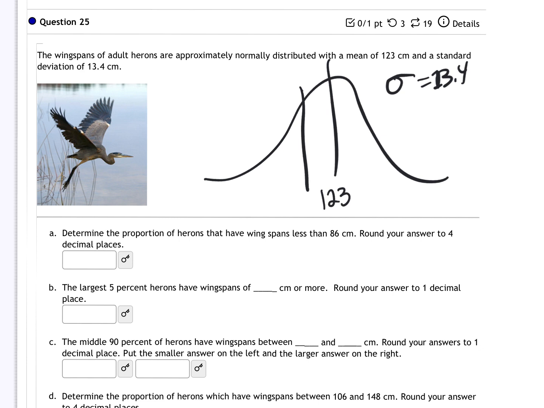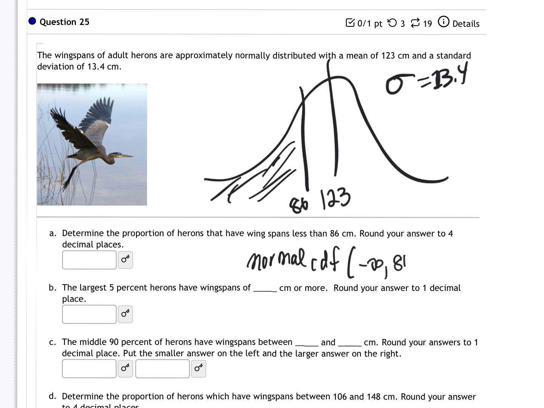They give me a cutoff asking for an area. So this is going to be normal CDF. And our lower limit's going to be negative infinity. Our upper limit's going to be 86. Our mean is 123, and our standard deviation is 13.4. So you're going to put that information in.